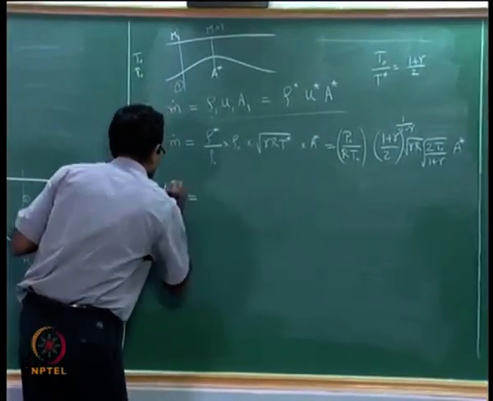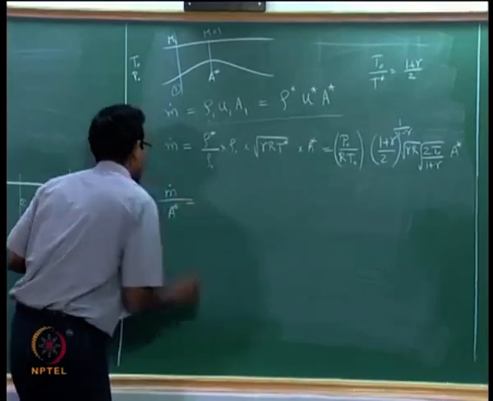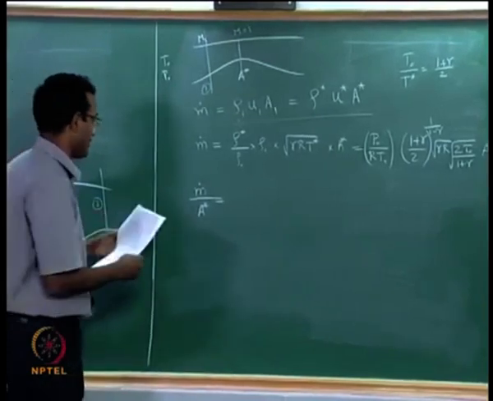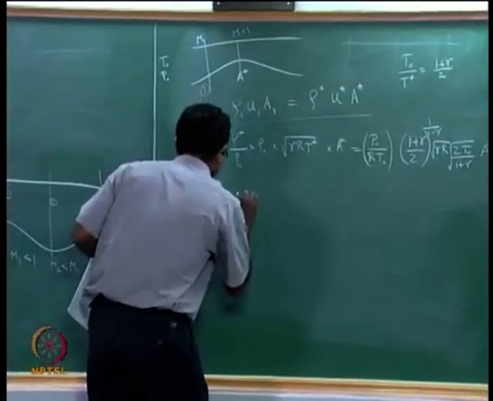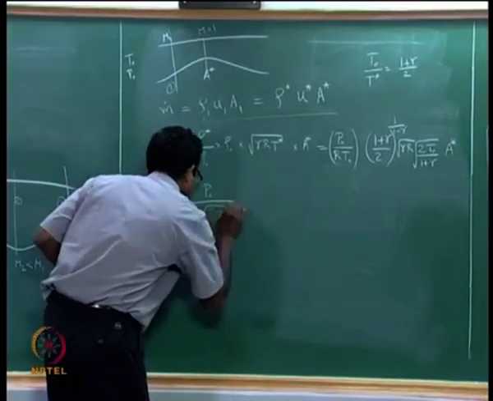If I write the final expression in a form which is very common, I will take the A star and put it in the denominator here, m dot by A star, that is going to be given as P naught by square root T naught.